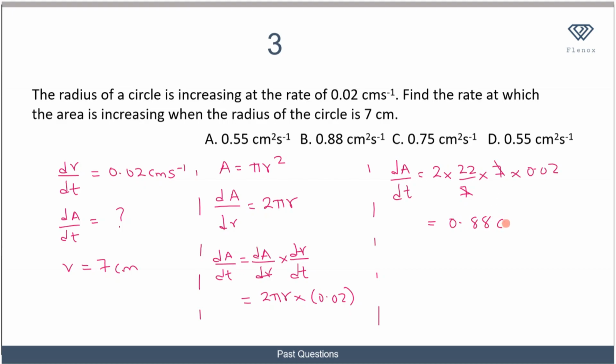That becomes the unit of area, which is cm squared per second. So the rate at which the area is increasing, dA over dt, is 0.88, and that makes the correct option to this question option B.